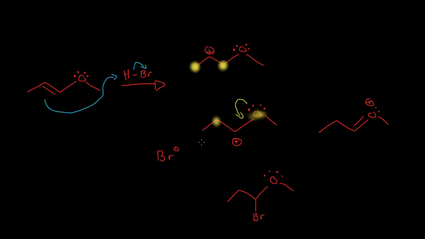Br minus, and then what happens is Br goes here. And then there you have it. So this is the more stable product because you're using this. I just made that more complicated. Well, you know what's going on. This plus, and then it goes down, and this is your final product.